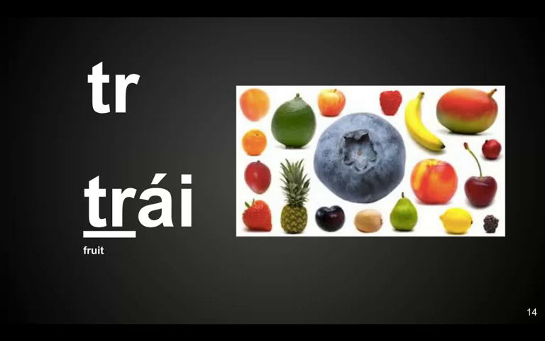Next, TR. TR makes the sound J, as in trái. Trái means fruit, trái cây. TR, J. This does have a similar sound in English, like the word truck. We also use the TR sound. Truck, tr, trái. Okay. There is a slight difference though. In English, we are sounding out the T and the R, tr.